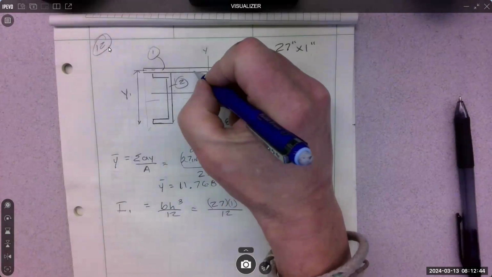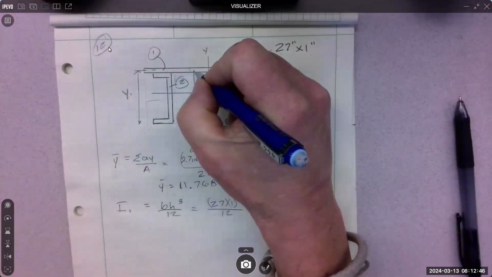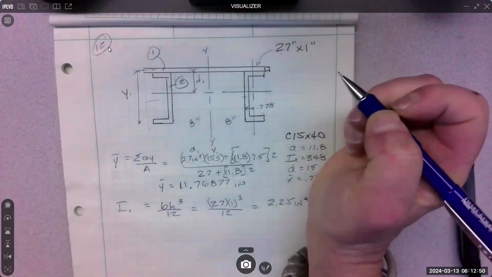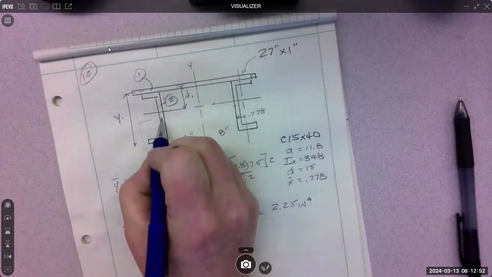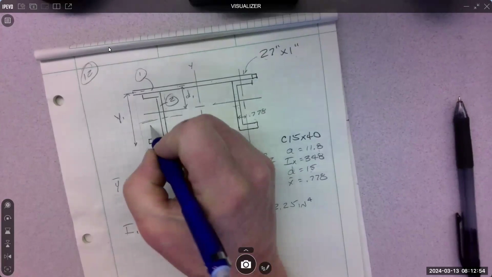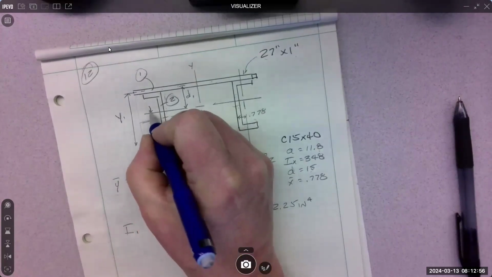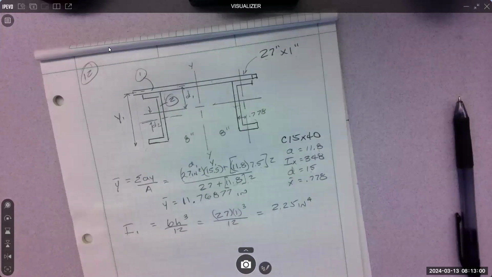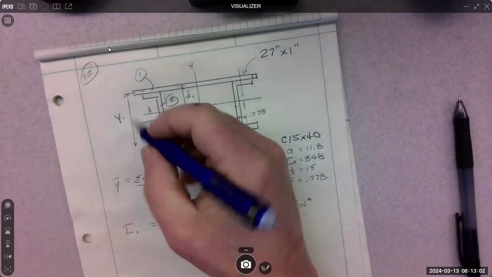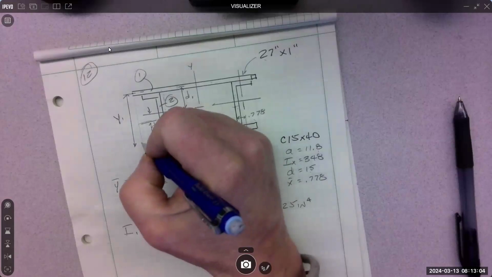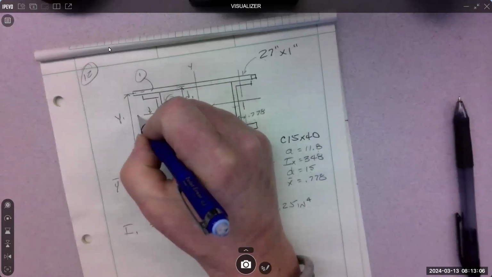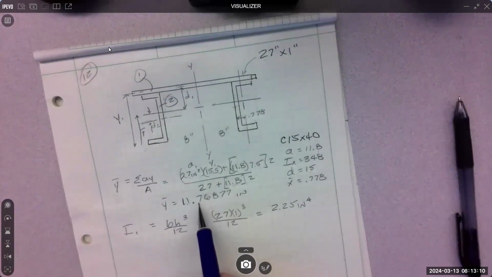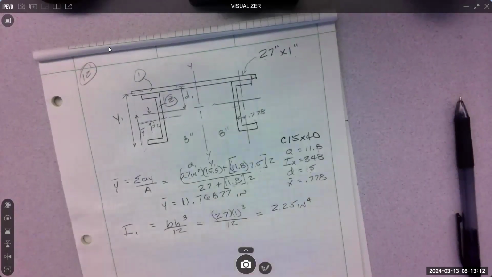D1 is here, and D2 is here, from axis to axis. This is y bar, which we calculated as 11.76877.